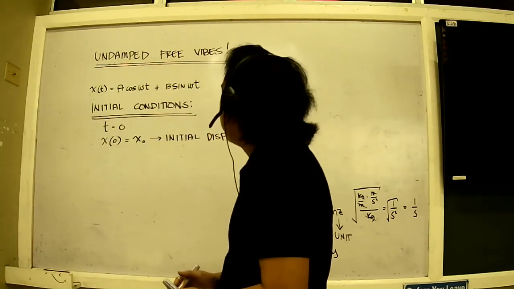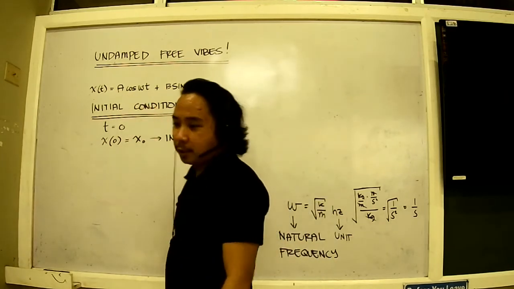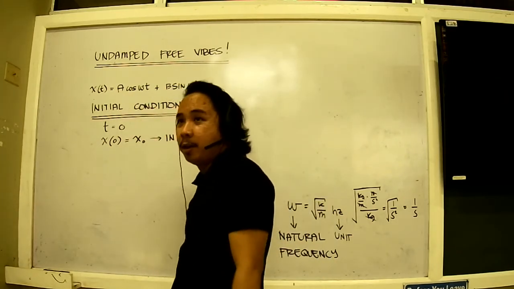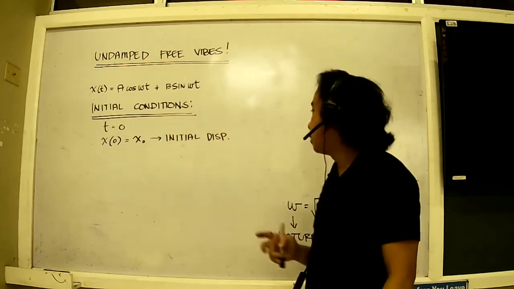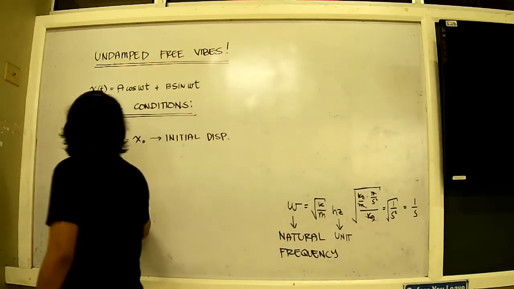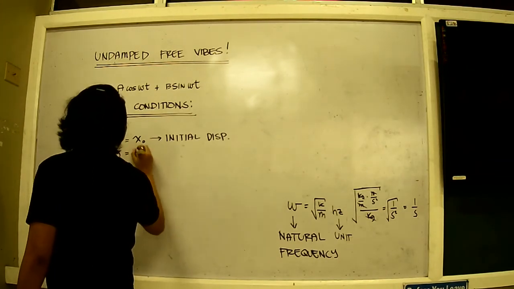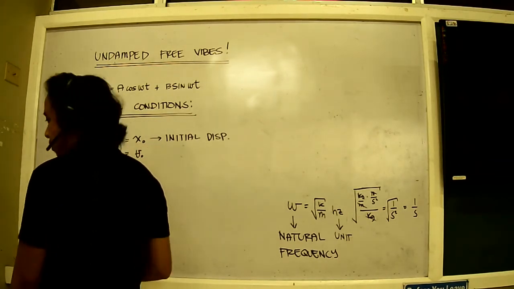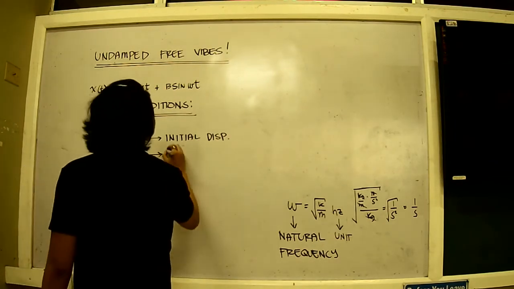We have two arbitrary constants here, so we will need at least two conditions. We have the initial displacement, and we should also have the initial velocity, which can be 0 or anything, as long as we have initial conditions to define what A and B are.